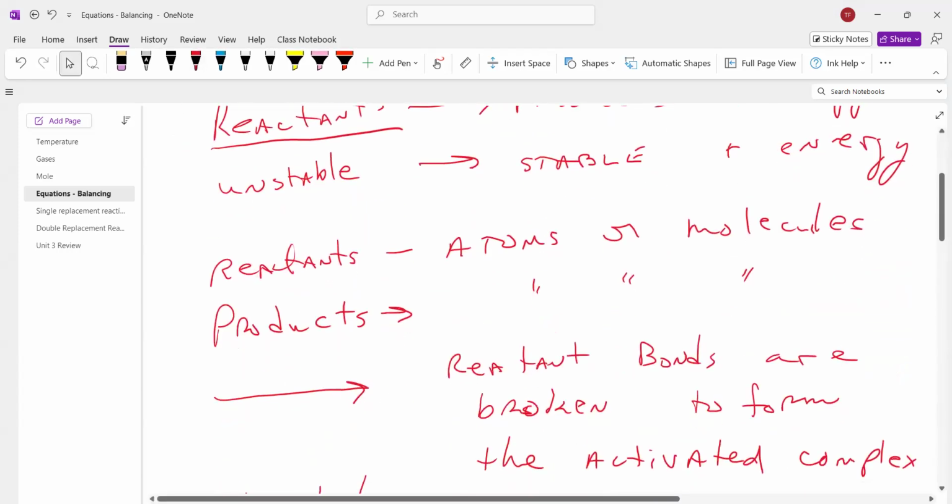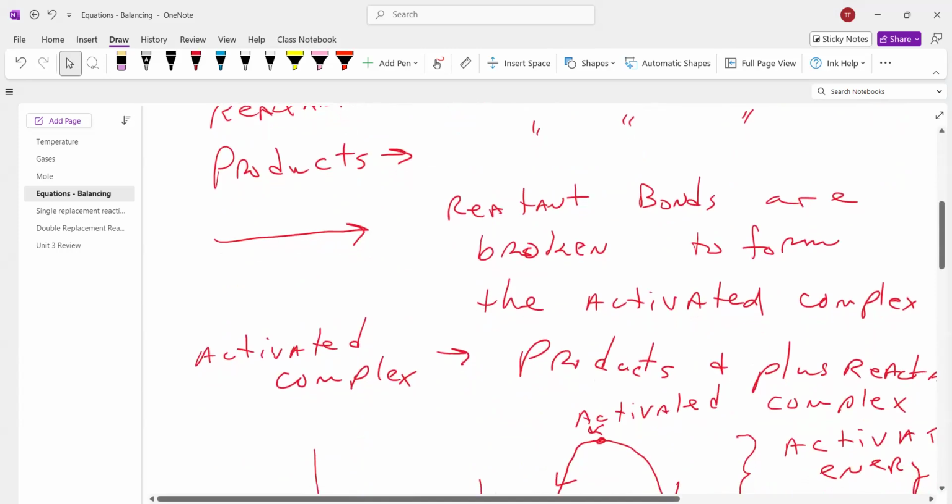So what are reactants? Those are atoms or molecules. Products are atoms and molecules, but more stable. Now, for the reactants to become more stable, you have to break bonds. So when we started with the H2 and O2 for making water, the H2 bonds have to be broken and the O2 bonds have to be broken.